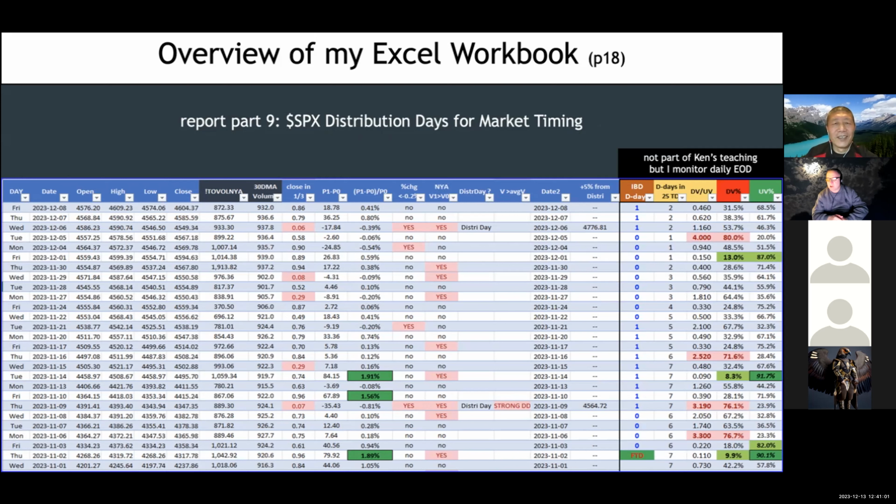Over on the right hand side, the number of distribution days in the last 25, is that how I read that? That's how the spreadsheet does it. We have to adjust by hand because the spreadsheet is not that smart. There's a couple other ways to count that.